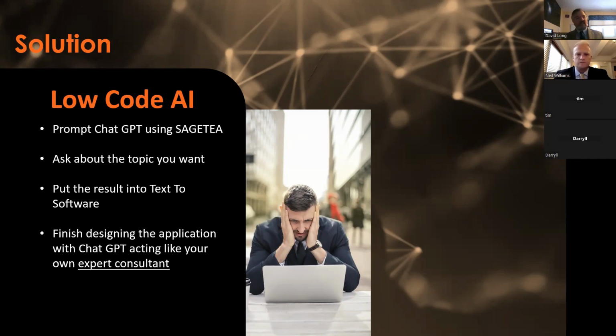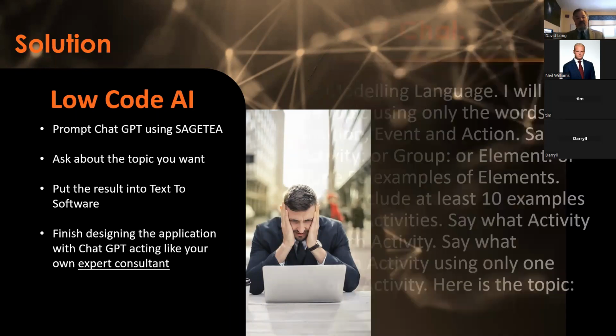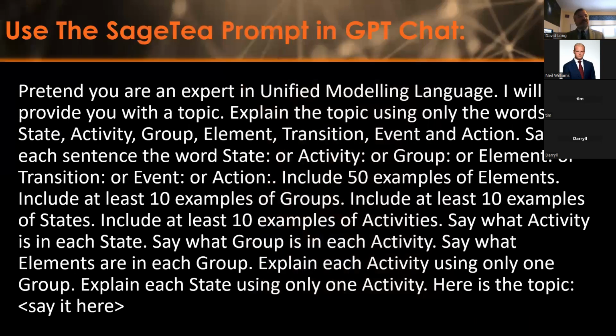And this is like having an expert consultant on your team, and that new ability with Chat GPT really puts an incredible new way to de-risk and make software projects go much faster and better.